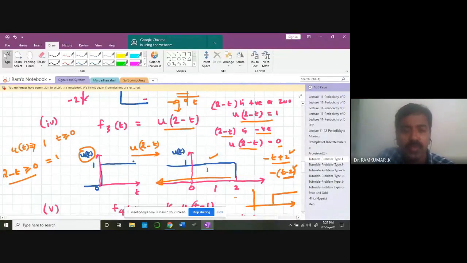The simple way I normally say is that 2 minus t should be greater than or equal to 0. Then only you will get 1, because that is the condition. So naturally t should be greater than or equal to minus 2.